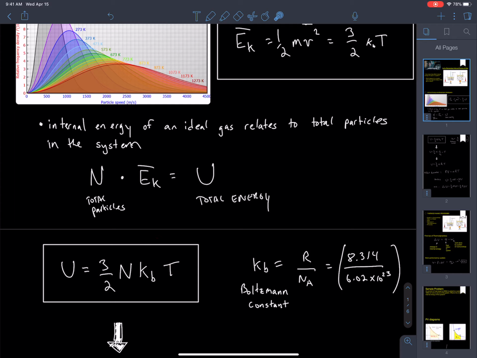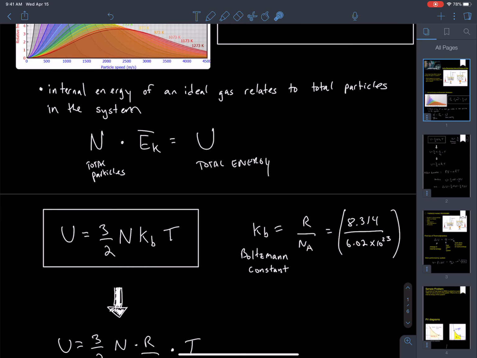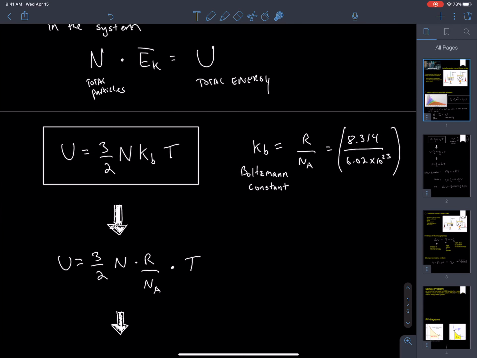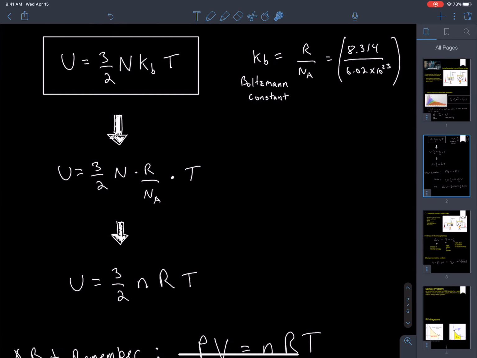k_B is the ratio of the universal gas constant divided by Avogadro's number. So if I plug that into that formula, my internal energy is equal to 3/2 times N, the total number of particles, times R over N_A, times T. N divided by N_A, number of particles divided by Avogadro's number, gives me moles.